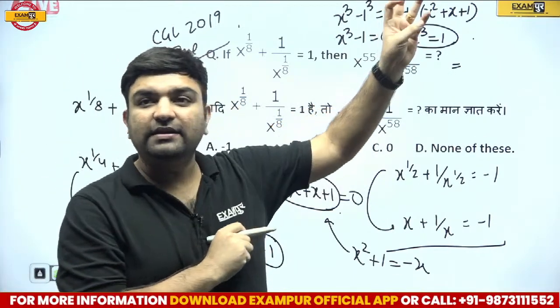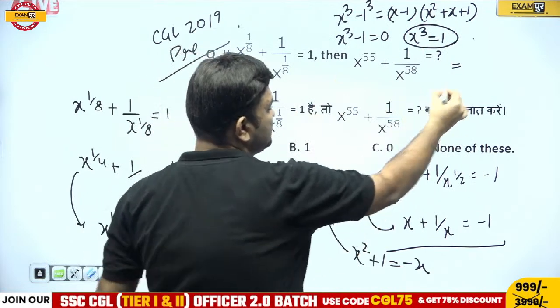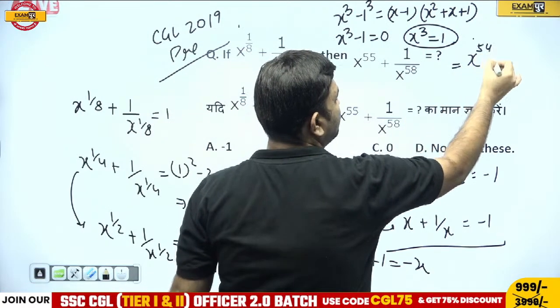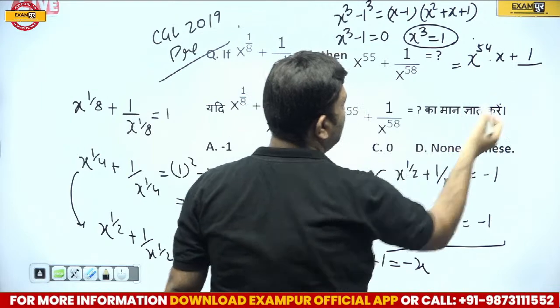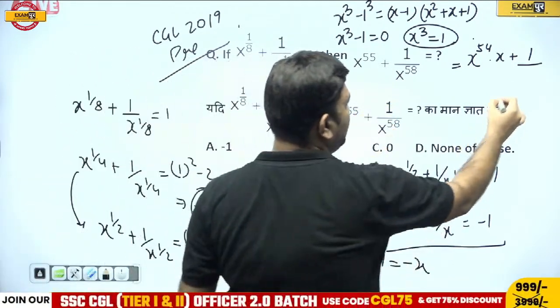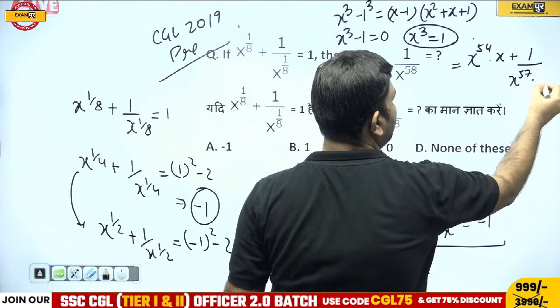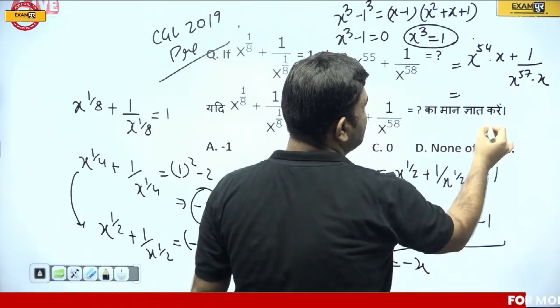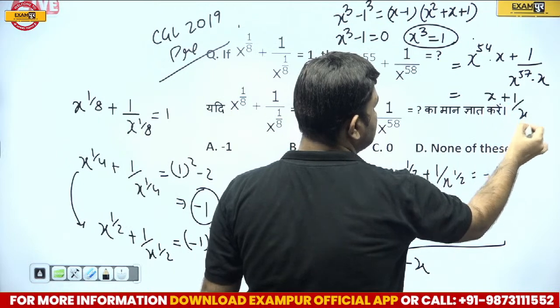So 3, 6, 9, x to the power 54 is also 1. Then here 57 is also 1. 1 into x is x, so x plus 1 upon x is the answer.